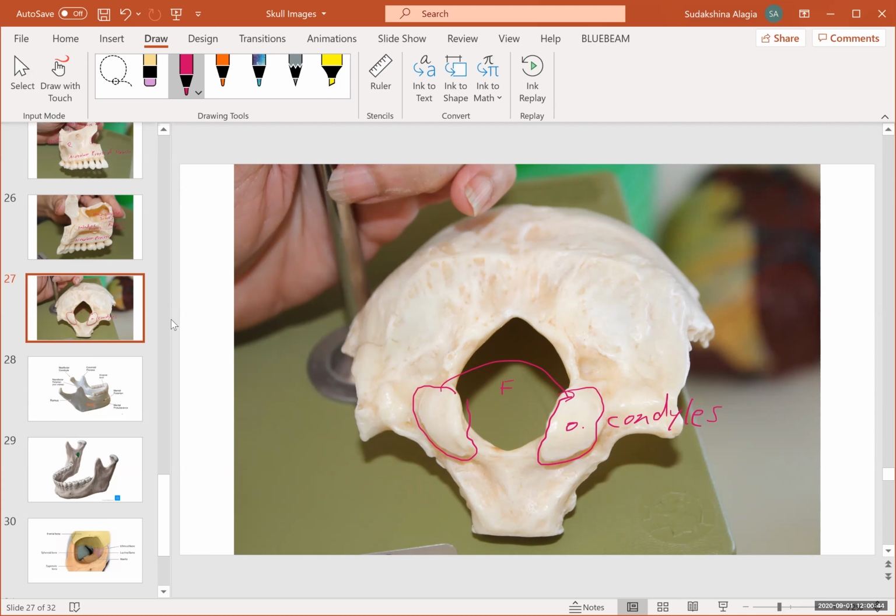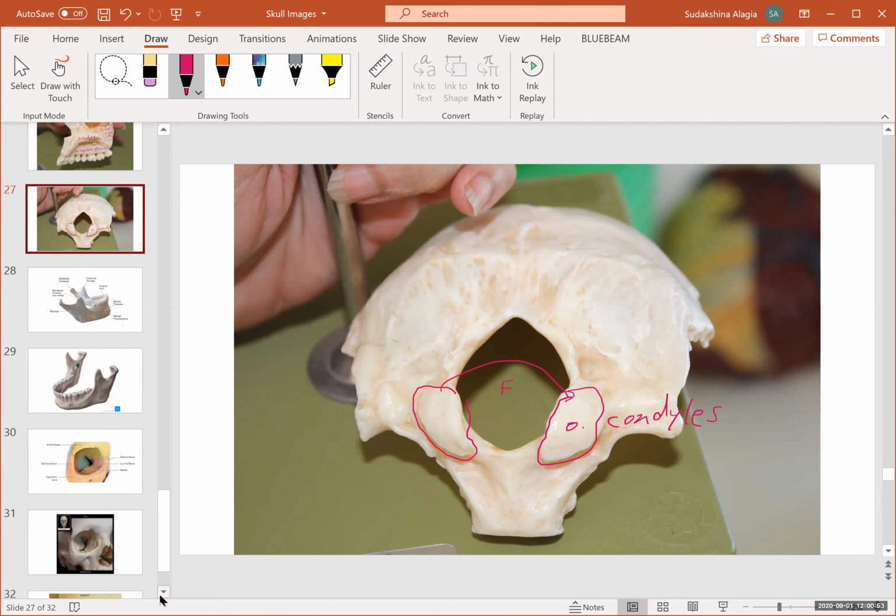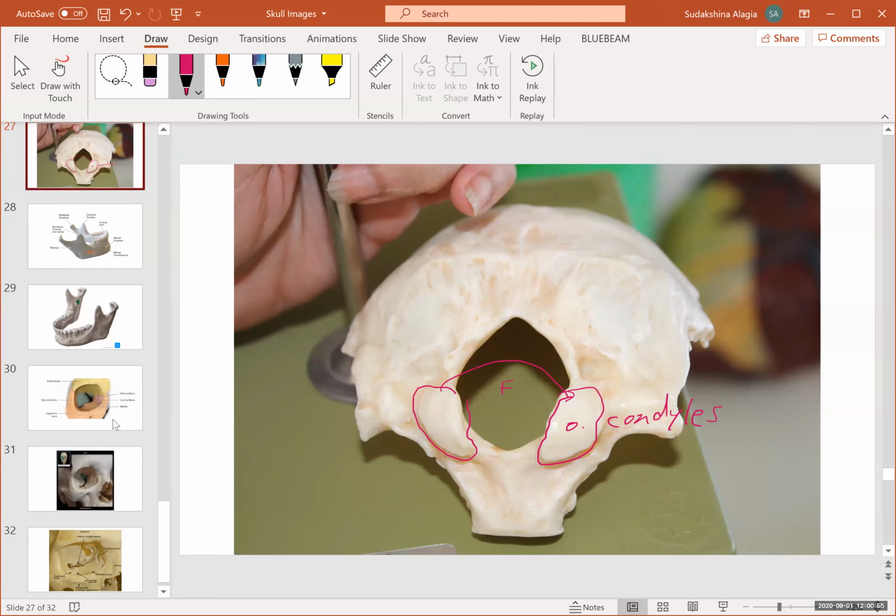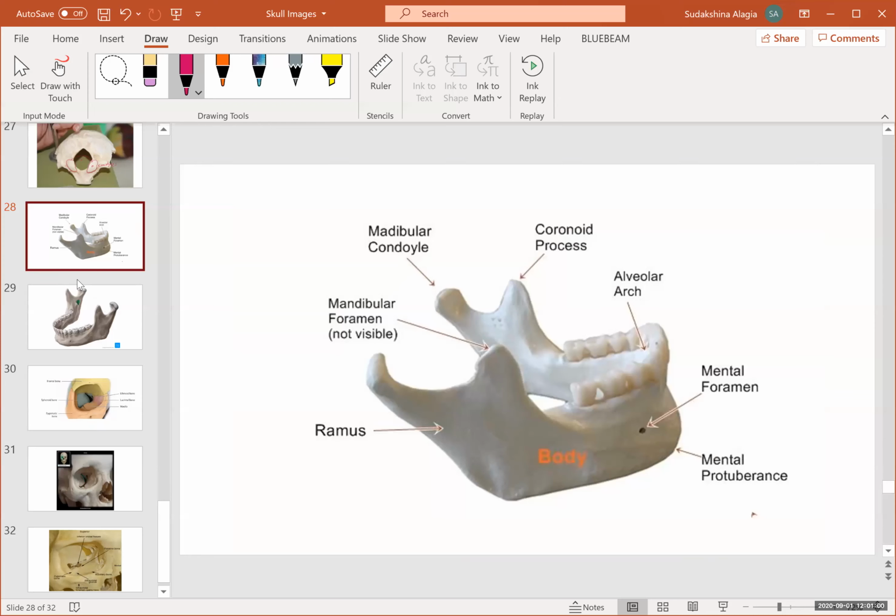This is how the surface of a condyle would be, smooth, because it rotates, it turns. Then look at the mandible. There are some nice images that don't have copyright issues, which I could download. So, mandible. Again, this is a good place to look at what a condyle would look like.